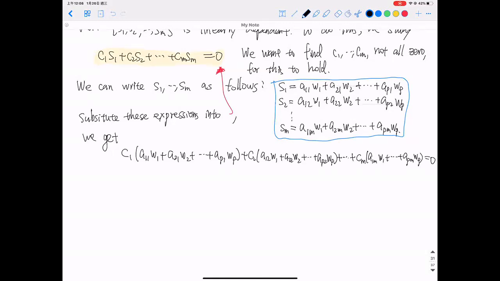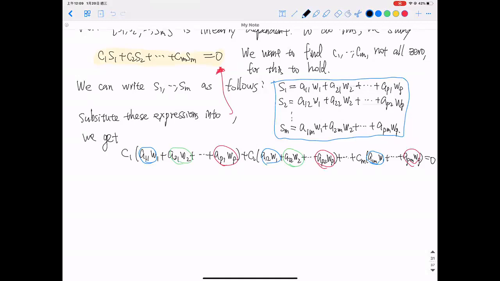And now here comes the standard thing that we do, which is collect vectors that are parallel or proportional to the same given vector. In this case, terms with W1 should be grouped together, terms with W2 should be grouped together, and terms with WP should be grouped together.